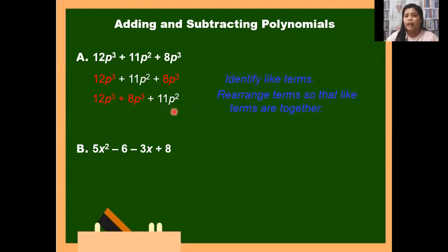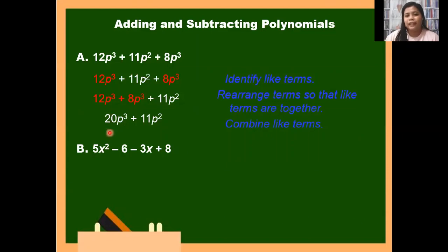Just like what I have told you a while ago, when they have the same term, we can combine them. So we can simplify it or combine like terms. The answer will be 20p cubed plus 11p squared. Teacher, why? Because 12 plus 8 is equal to 20.